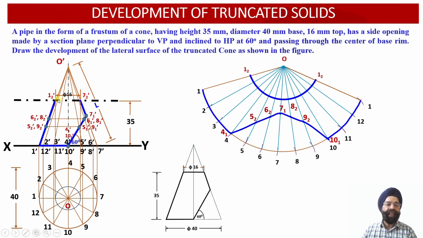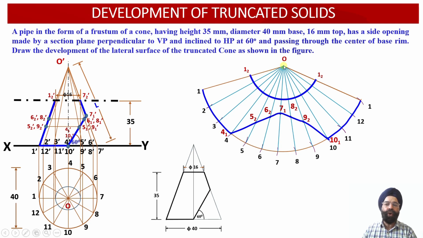So whatever other 10 points of intersection are available onto the intermediate slant generators over here, they will be converging with the points 12 dash or 72 dash over here. So that is why the radii are not going to be different for the intermediate points as well. So we have marked only the boundary points over here rather than marking all the points, because distances for all the other 10 points of intersection will be the same.